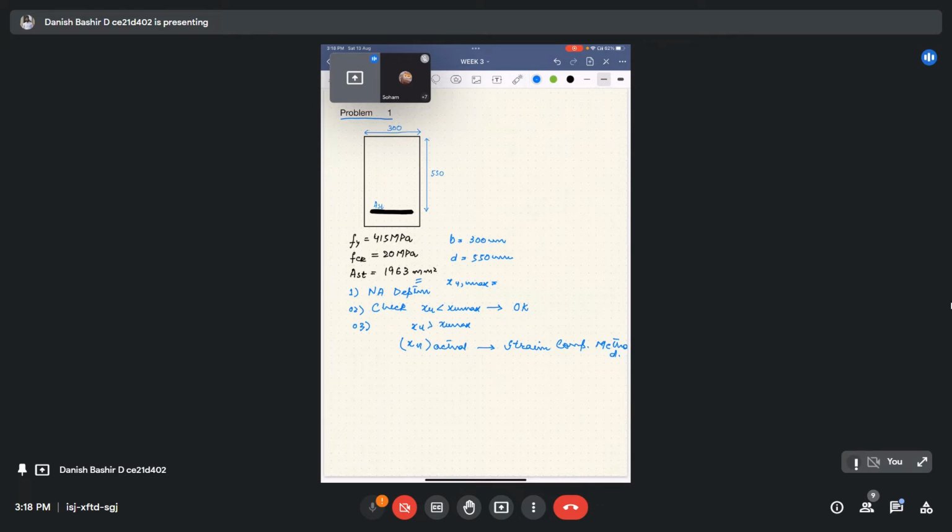After that, from the strain compatibility method, we get the actual depth of the neutral axis, and we proceed further. So for XU max, the first step is to calculate XU max.